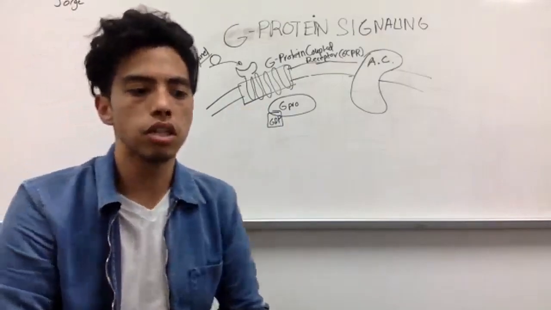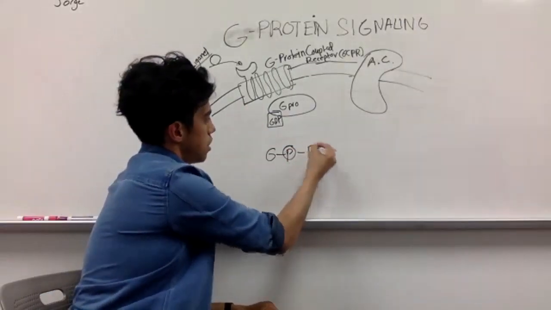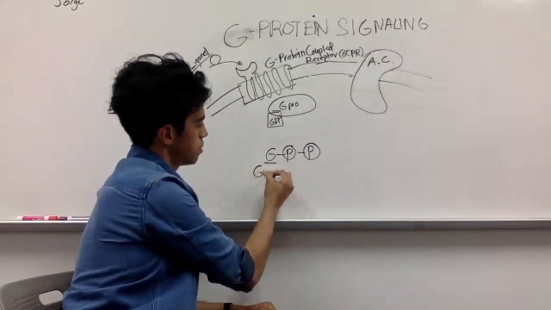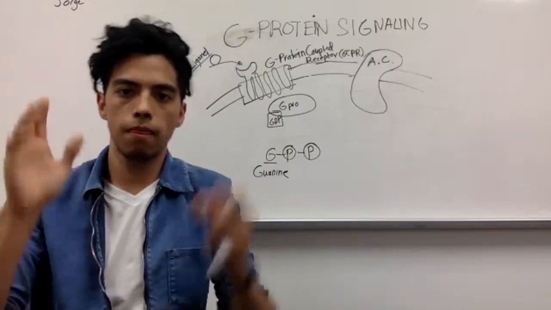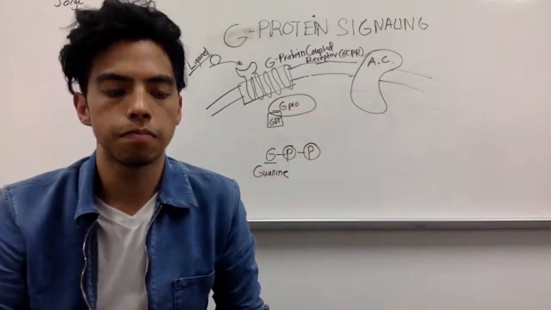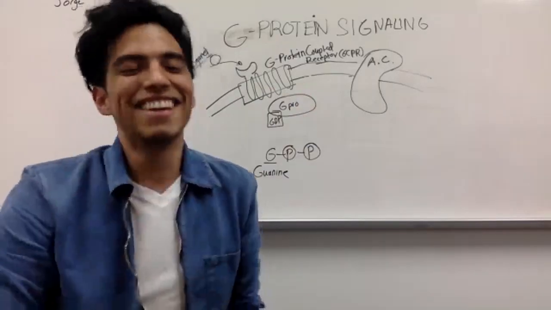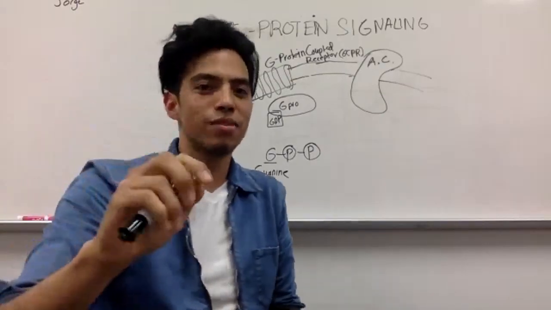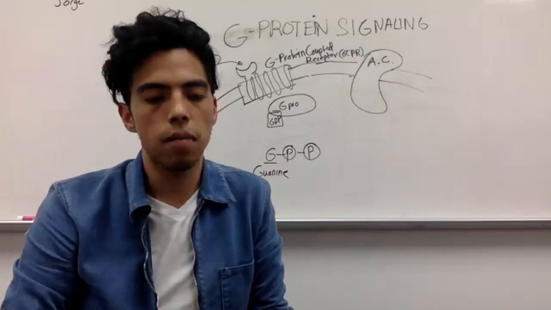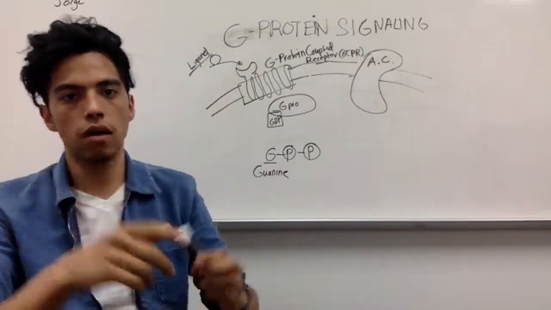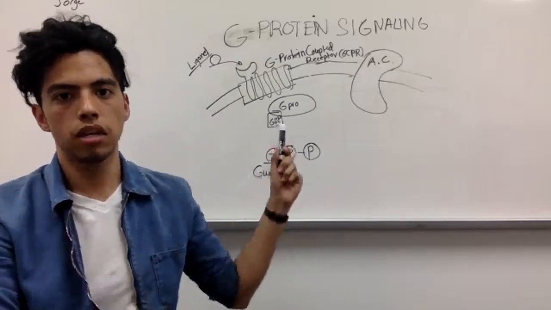GDP is basically guanine, which, if you remember from the first exam, is a type of nucleotide, a nitrogenous base. And it's bound to two phosphates, right? Guanine diphosphate.